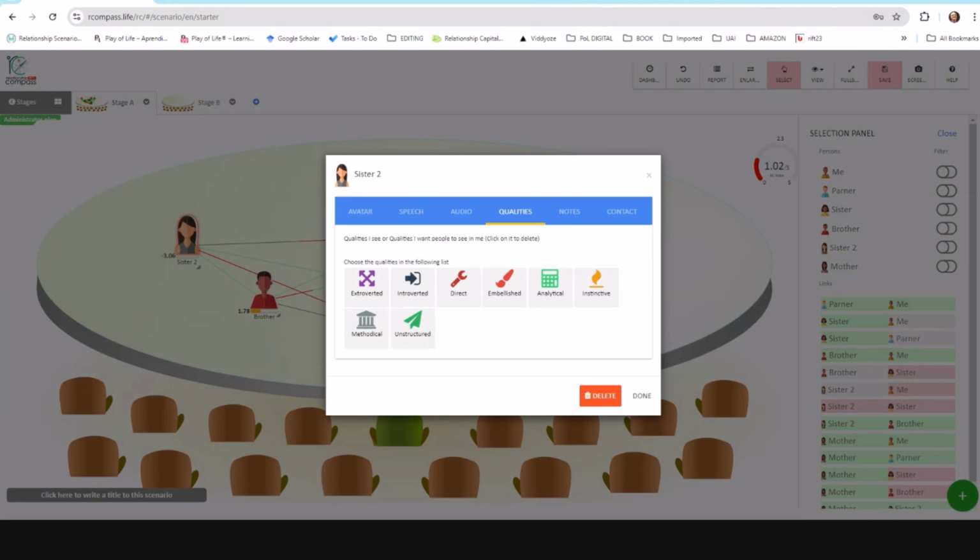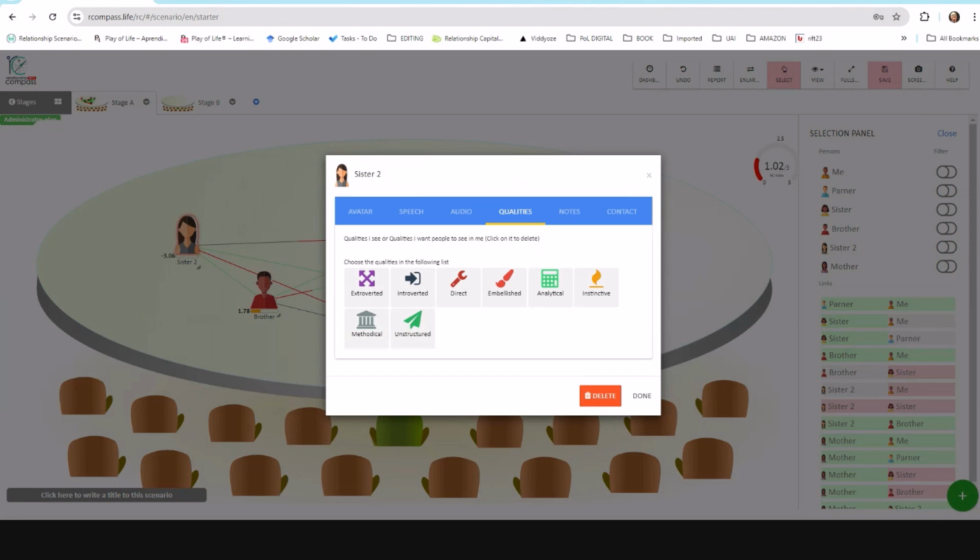I don't mind interrupting and being interrupted. The introverted is somebody who will not open the mouth until they have an idea. They don't like to be interrupted because they are more precise in what they are saying. So extroverted and introverted has a different picture here.